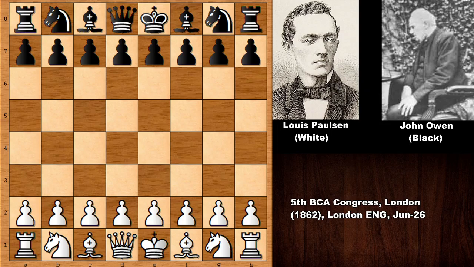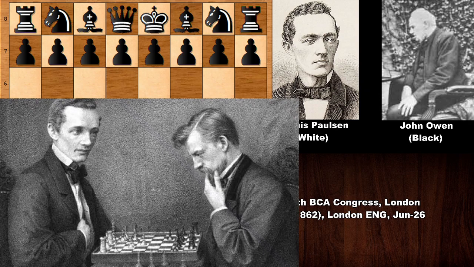Paulsen was one of the leading chess players, one of the top 10 chess players from 1860s and 1870s, and his opponent John Owen was a strong English chess amateur. And Paulsen was actually the inventor of the Sicilian defense dragon variation, but it is known as the dragon variation, not the Paulsen variation, interestingly.